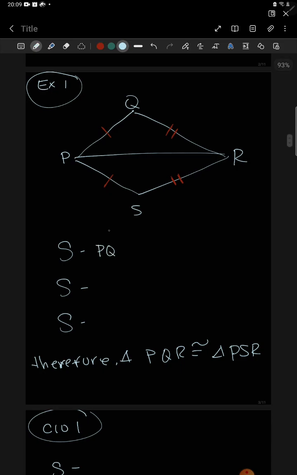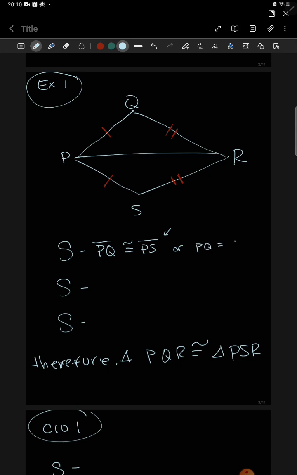They did it like this: segment PQ is congruent to segment PS. But remember what I told you guys. You can write that because it's a segment, a tangible thing, or you can just use variables.